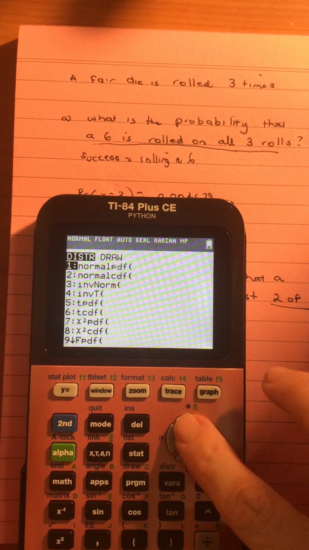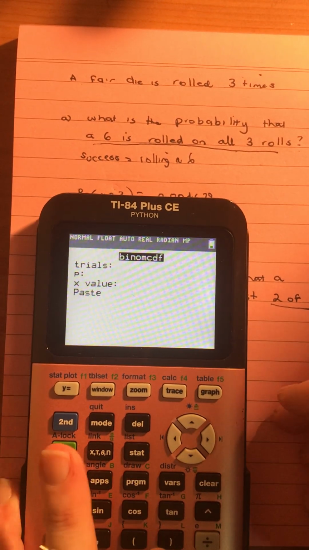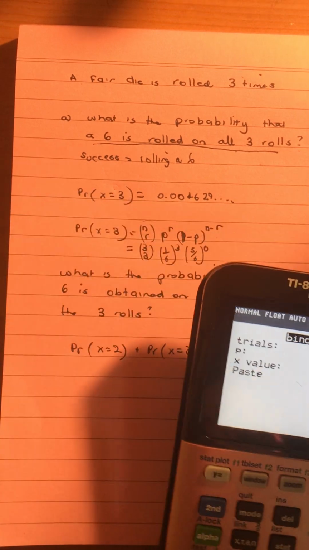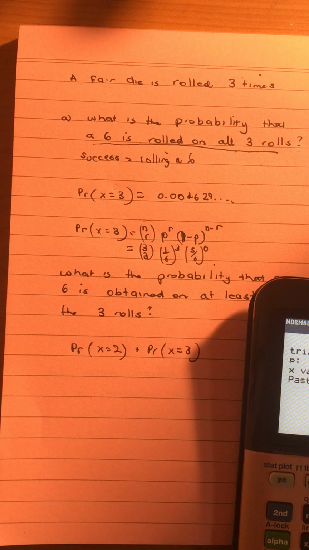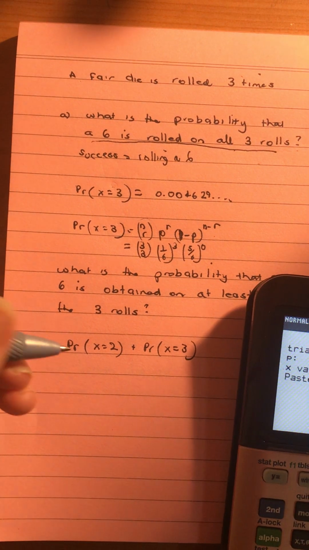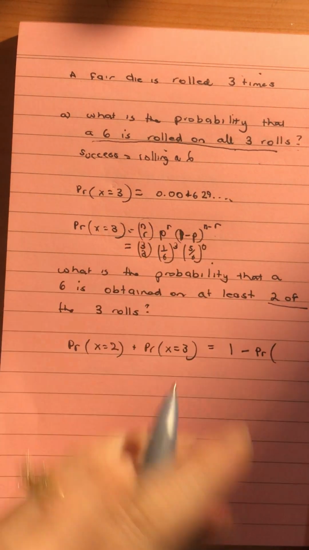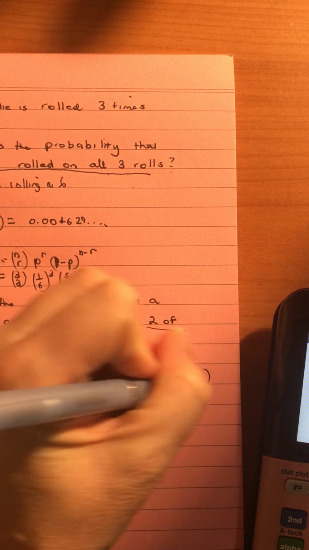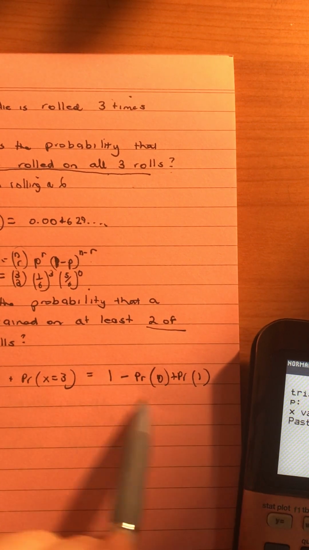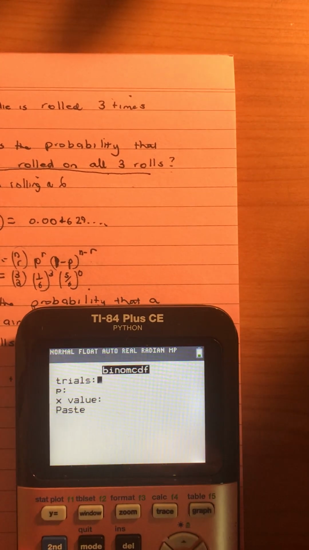So we can go second VARS up to binomial CDF, so that's the cumulative. Now, in this case, you just have to be careful about what x value you put in. So if I'm wanting 2 and 3, I can't work that out, but I can do 0, 1, 2, etc. So if I do 1 take away the probability of 0 or 1, I can do that part on my calculator by putting in the 1 for the x value.